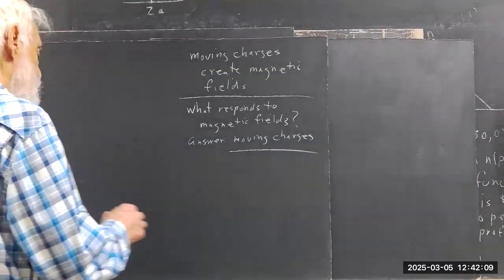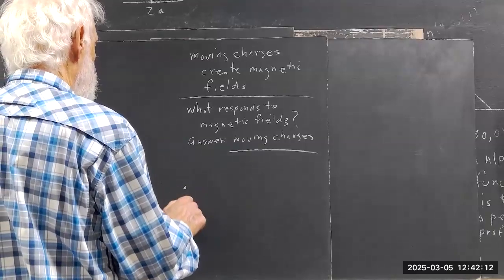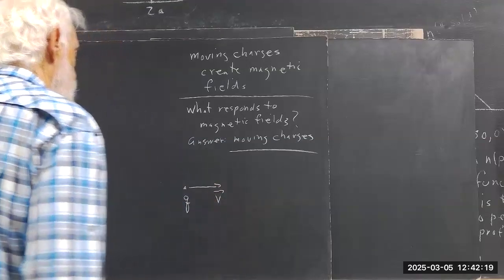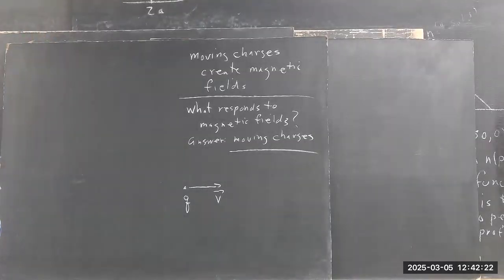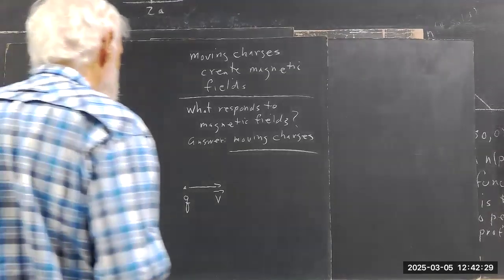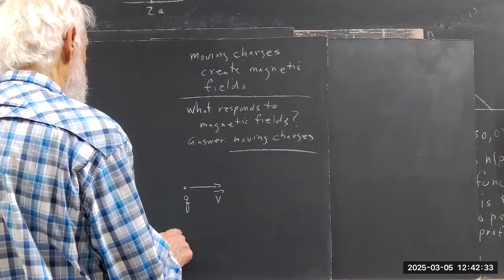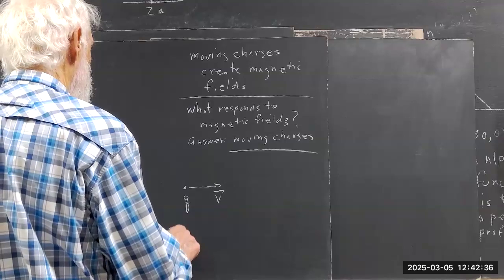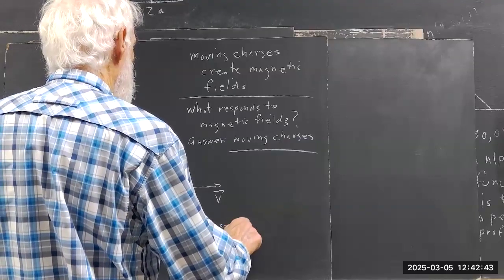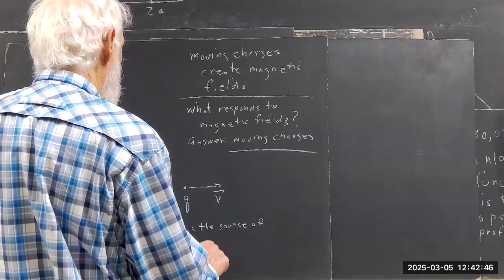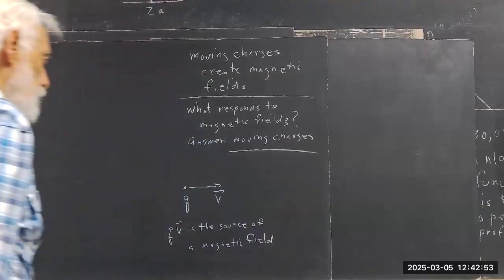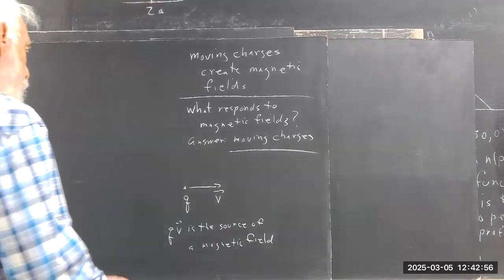Okay, so here's the rule. A charge Q with velocity V, QV, is a source of magnetic field.